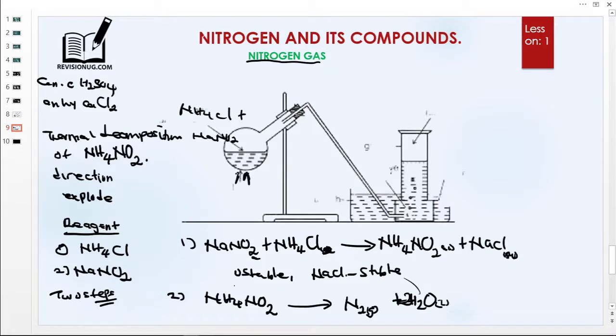Then we have to heat. On heating, we produce ammonium nitrite plus sodium chloride. Second step, the sodium chloride is stable, will not decompose. Then the ammonium nitrite will decompose into nitrogen and water. This is a delivery tube, and nitrogen is going to be collected over here. Once we need it dry, we just pass it through drying agents as we discussed earlier, and we collect it using a syringe.